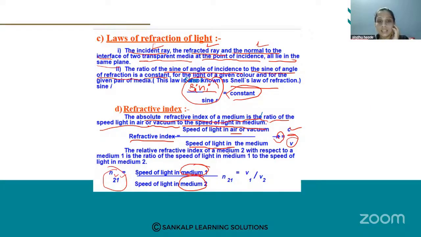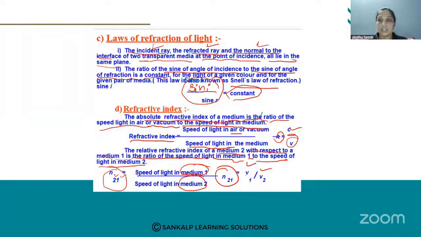The refractive index of medium 2 with respect to medium 1 is the ratio of speed of light in medium 1 to the speed of light in medium 2. So N21 is equal to V1 by V2. This is the refractive index when we consider two different mediums.